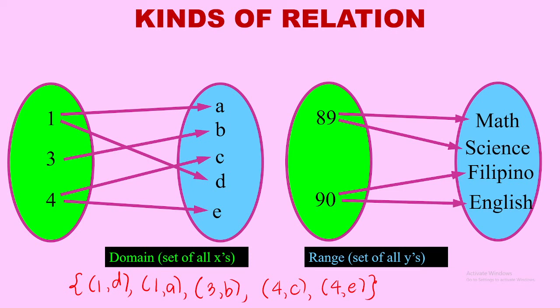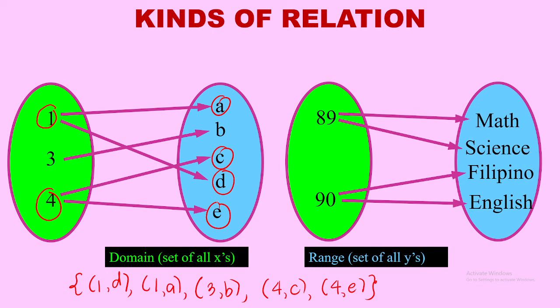And as you have noticed, I have one value in the domain paired with two values in the range.